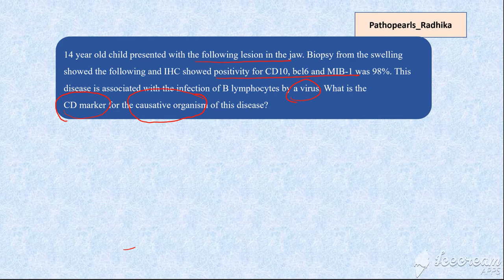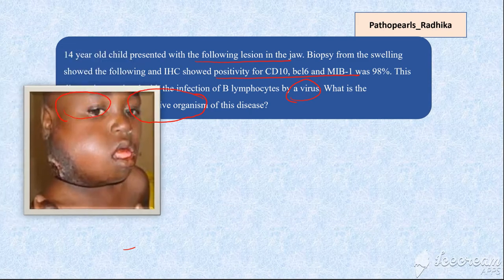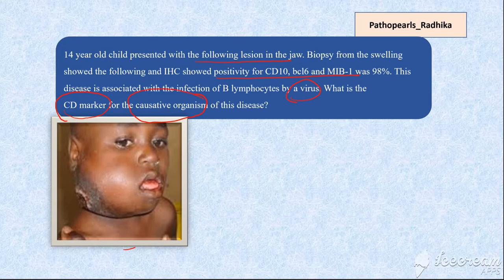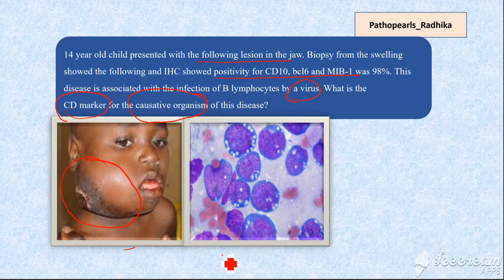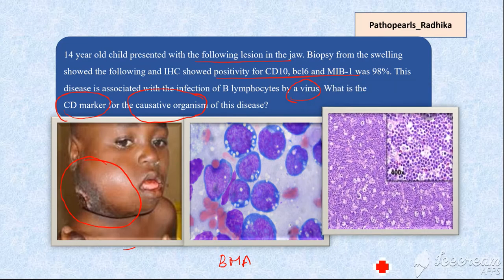So basically this is a question in multiple steps, right? So this is the appearance of the child. So it's basically a young child with a swelling in the jaw, a huge swelling in the jaw, right? And this is the biopsy, this is the bone marrow aspirate, and this is your bone marrow biopsy.